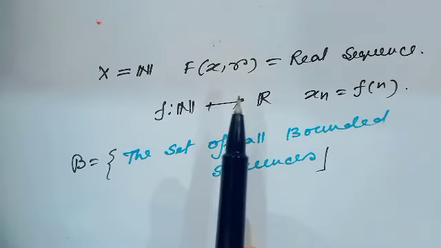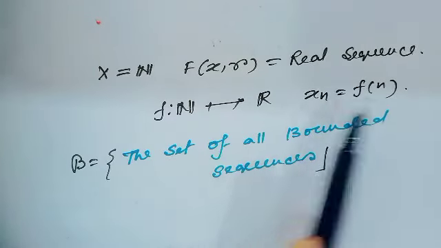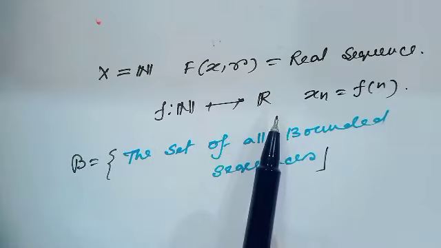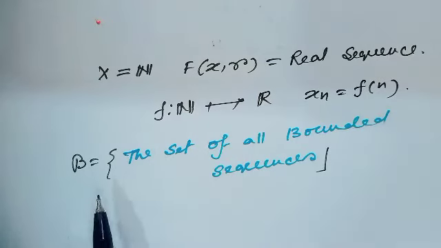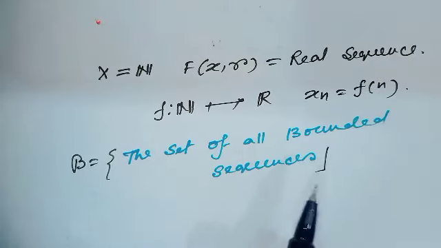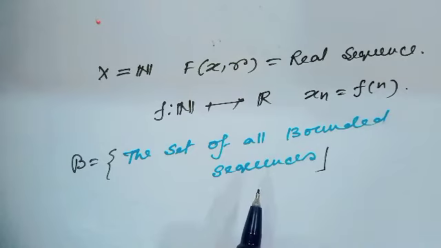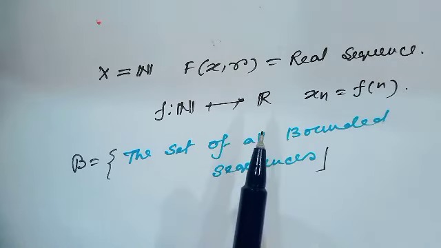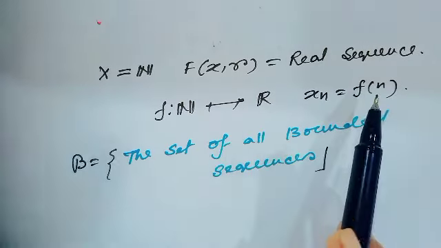Here the vector space is the set of all real sequences, and let B be the set of all bounded sequences. Similar to the set of all functions, here we have only defined the set of real sequences.